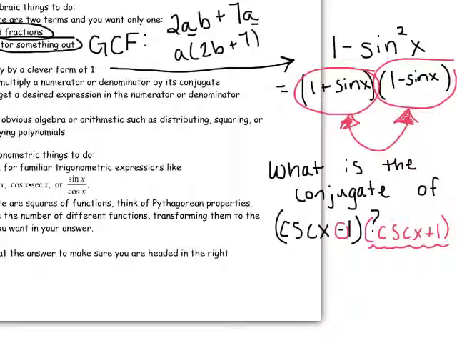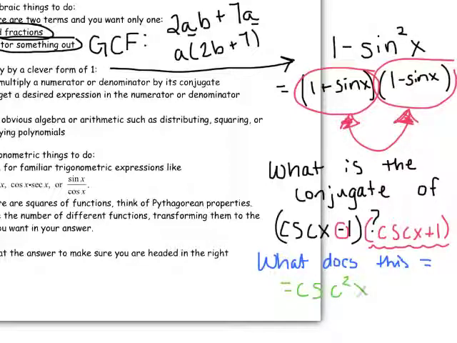Now let me ask you a second question. What does this equal? Well, we know that when it would multiply, it would make cosecant squared minus 1. Well, that's good and true, but more than likely, I'm going to ask you to go further. What else does it equal?